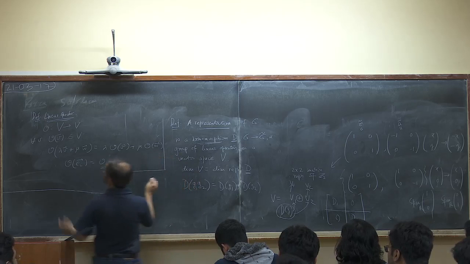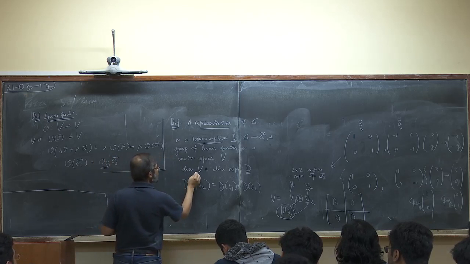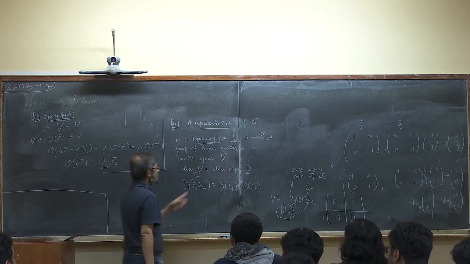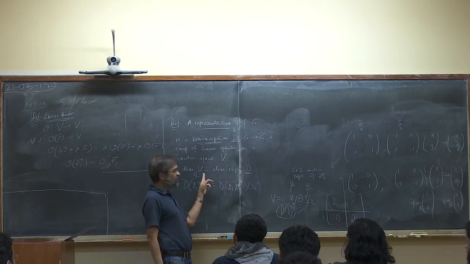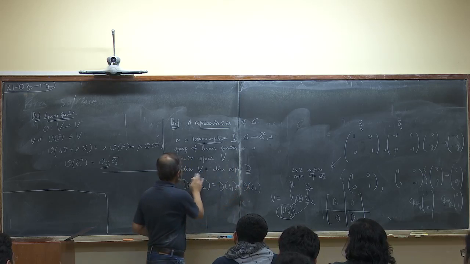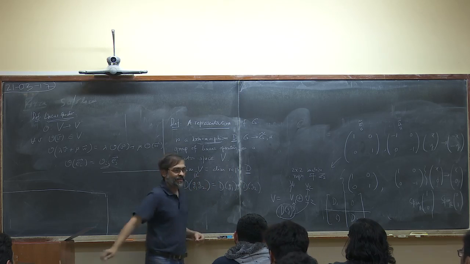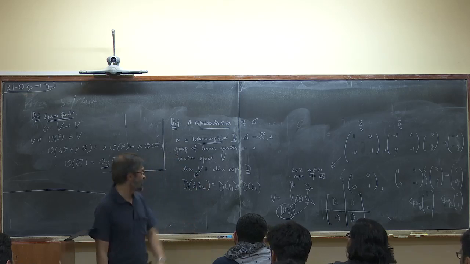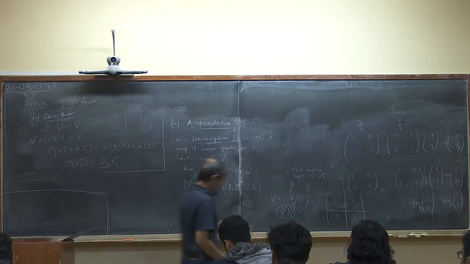So very good. So this is either the complex dimension of V. In that case, it will be called the complex dimension of the representation of V. Okay. All right.